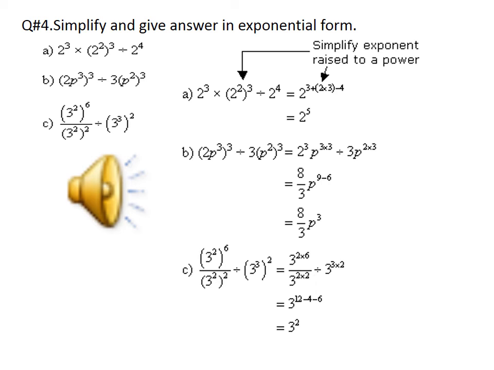You can see that in the numerator the bases are the same, so we will add the powers. 3 into 2 power 2 into 3 becomes 2 power 3 plus 6. Once you shift 2 power 4 up, it will be minus 4, and once you multiply, 3 plus 6 will be 9, and 9 minus 4 becomes 2 power 5.